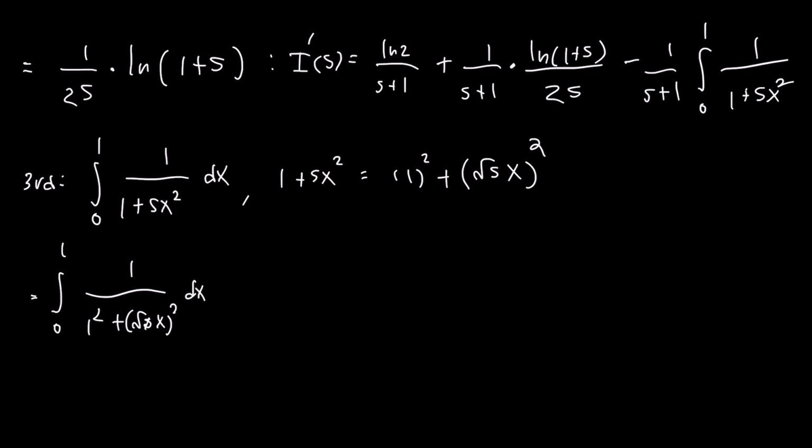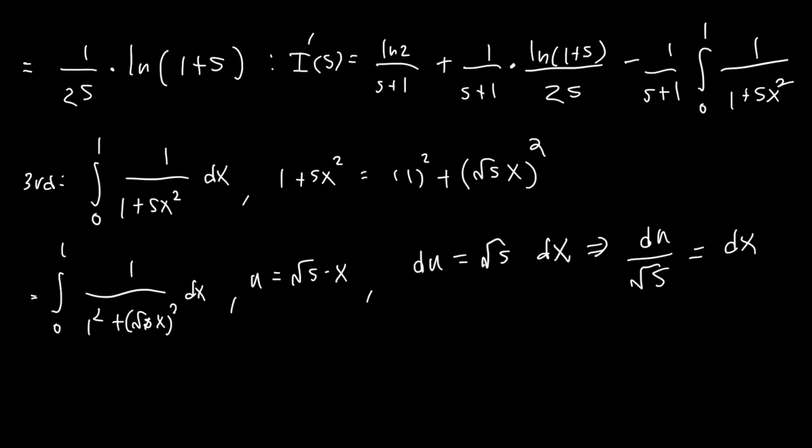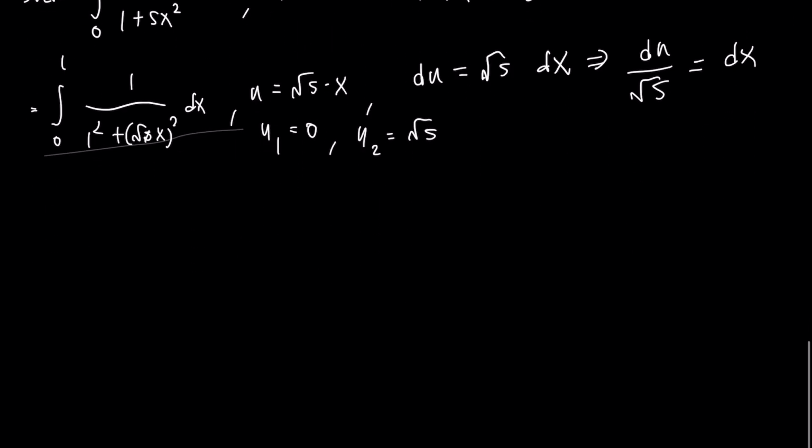And we'll just make a substitution. So we'll let u equal square root of s times x, which means that du equals square root of s dx. But solving for dx, we have that du divided by the square root of s equals dx. And that u sub 1 will be 0, and u sub 2 will be the square root of s.